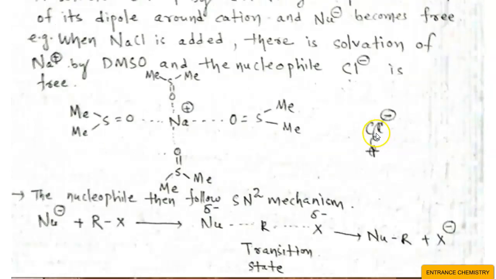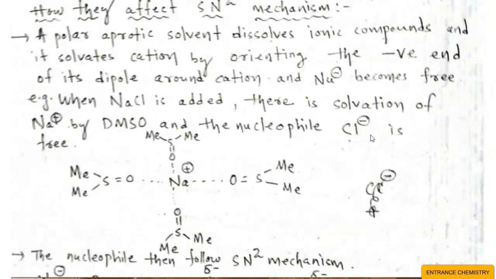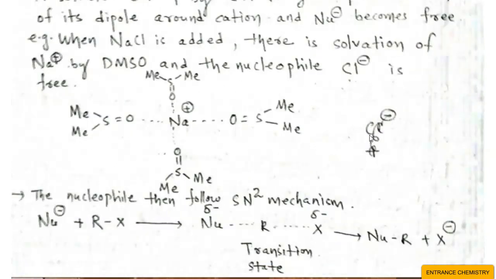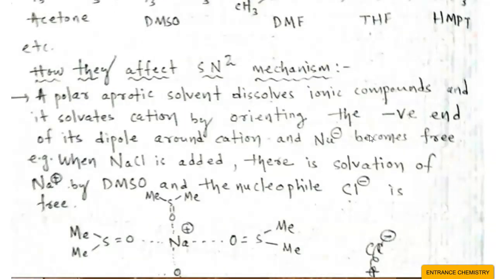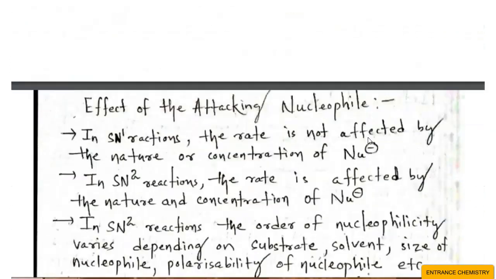So we have discussed now how the nature of the solvent affects the SN reactions. If we use polar protic solvent, that will be favorable for SN1 mechanism, and if we use polar aprotic solvent, then SN2 mechanism will be favorable.